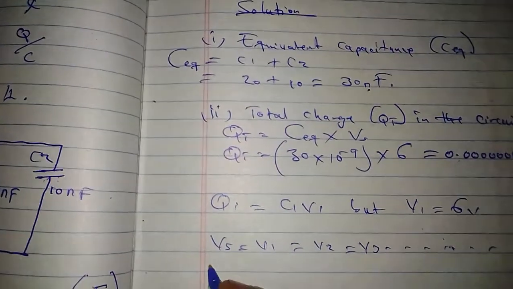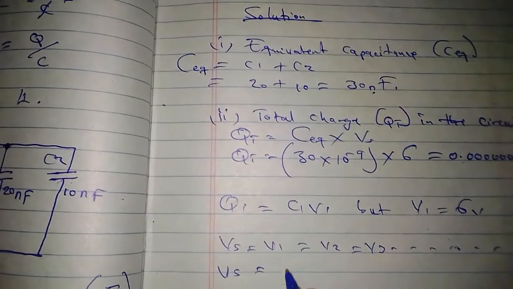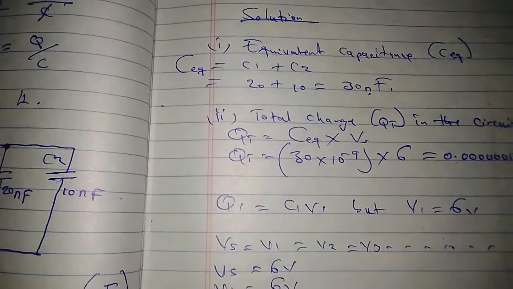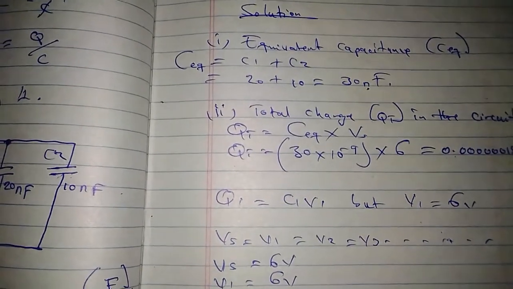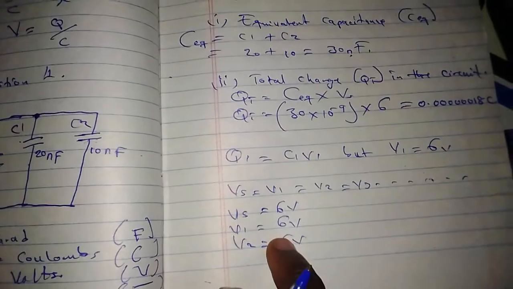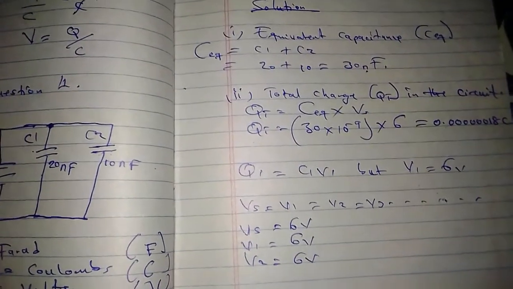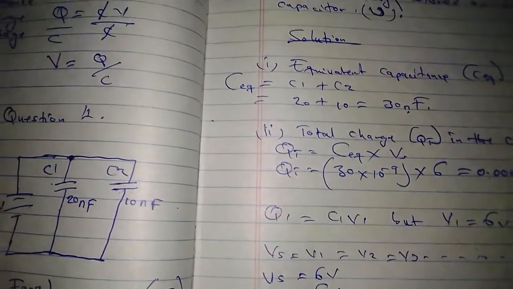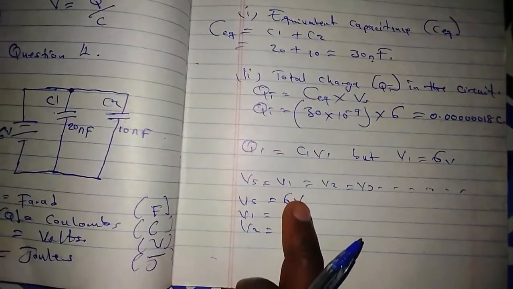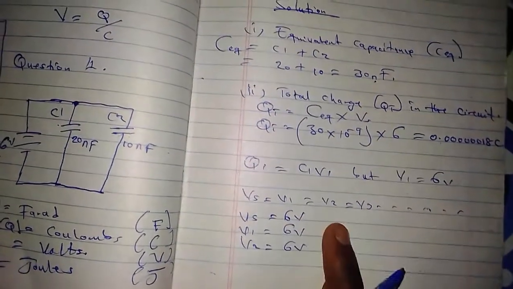So if Vs is equal to 6 volts, V1 is 6 volts, V2 is 6 volts. I'll come back to prove to you that it's true that V1 is equal to 6, V2 is equal to 6.